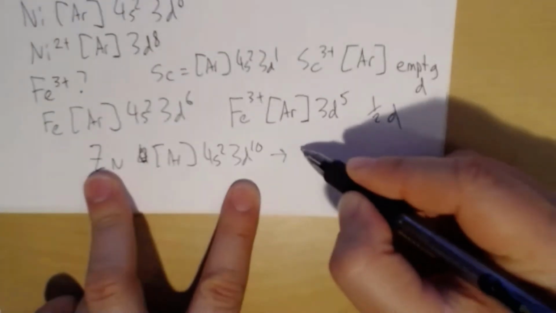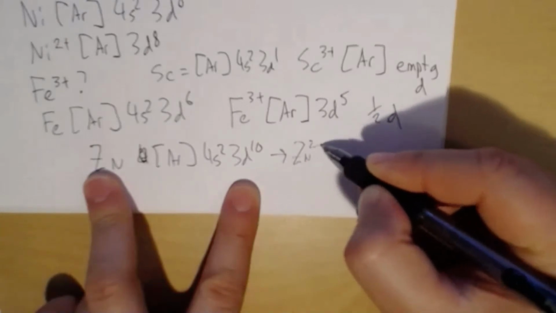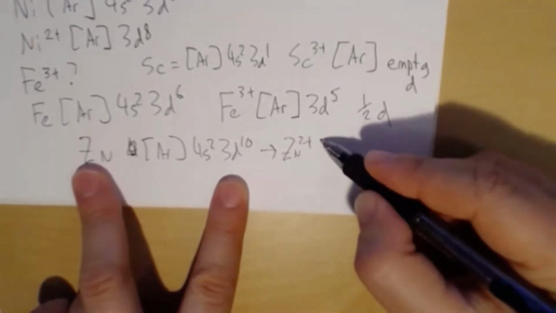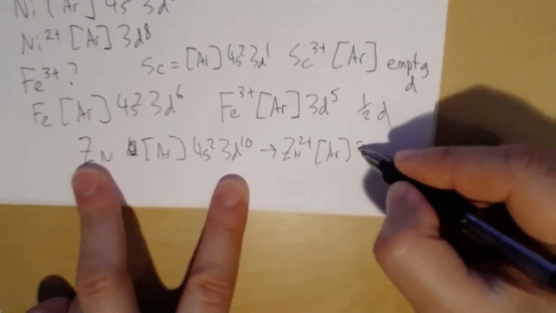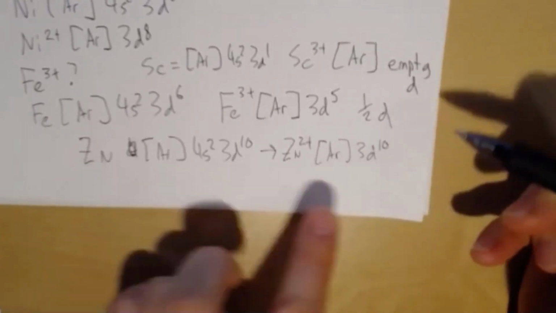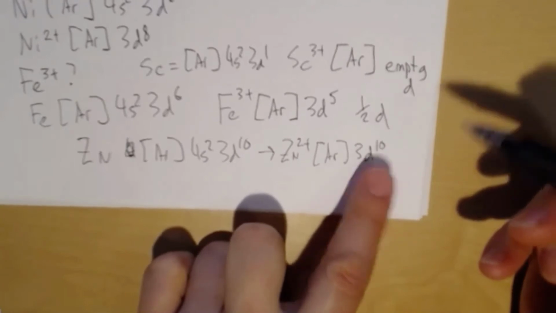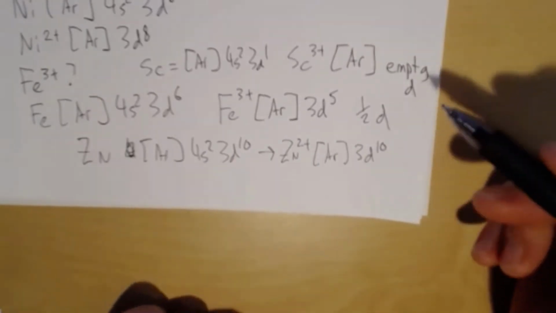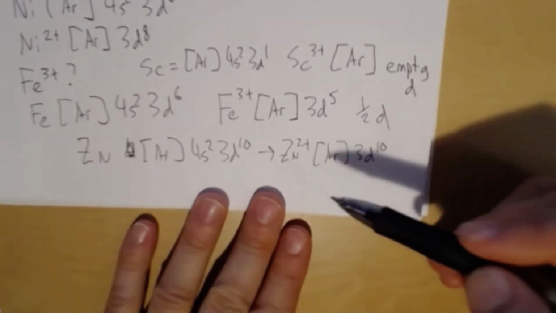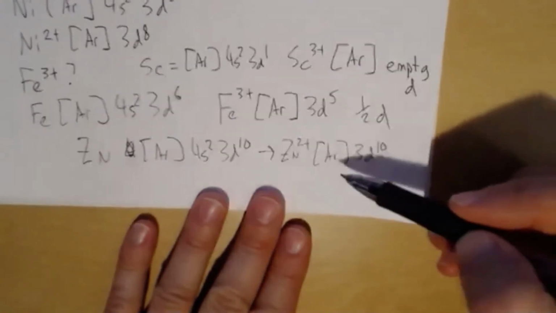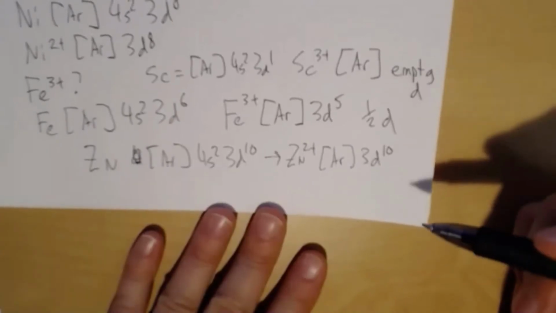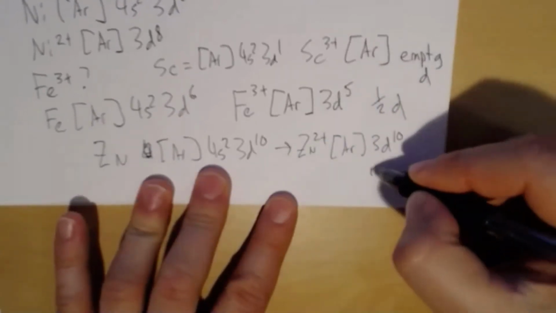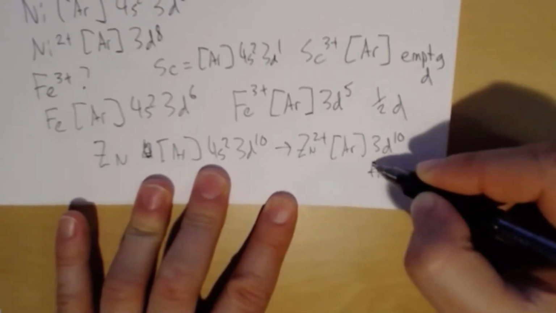Zinc is always zinc 2+, which would be argon 3d10. I finished the third energy level. That's very, very stable, because in the third energy level I can have an S, a P, and a D, and now I've filled all of them. There's no 3F. So this is having a full D.